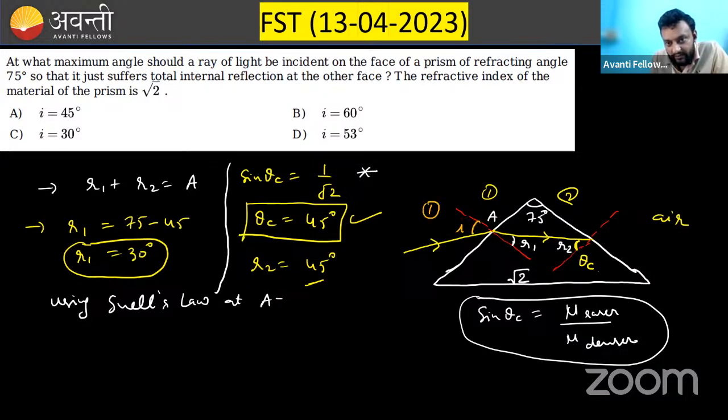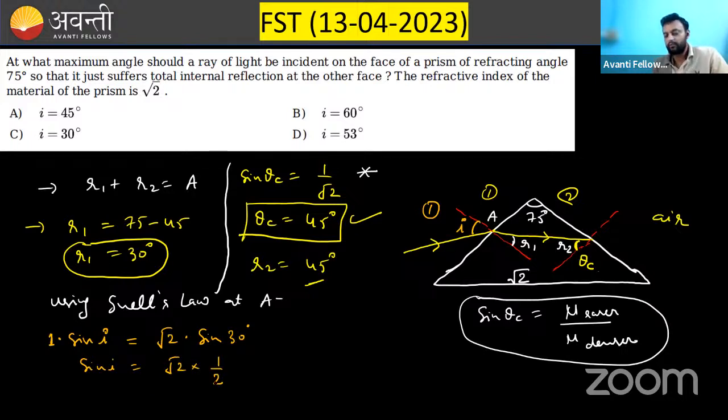Let's suppose this is angle of incidence I. So refractive index into sine I is equal to refractive index of the other medium, which is root 2, into sine of the angle of refraction, which is R1, and R1 is 30. So sine I will be root 2 into 1 by 2. Sine 30 is 1 by 2.